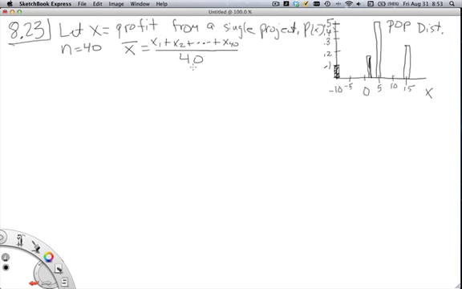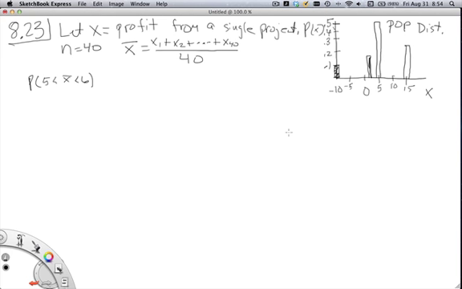So what we need to do is evaluate the probability that X bar is between 5 and 6. So we need to find, I'll just write it up here, probability that 5 is less than X bar is less than 6. Okay, so question is, what does the distribution of X bar look like?